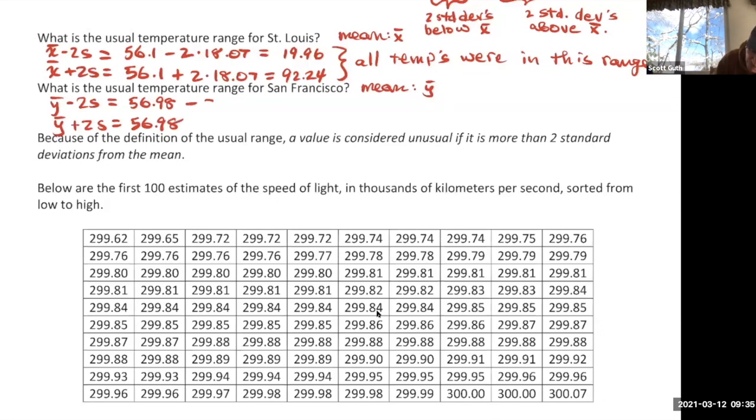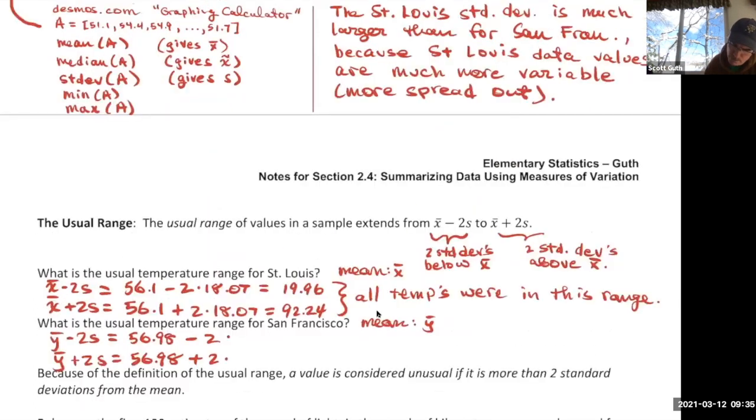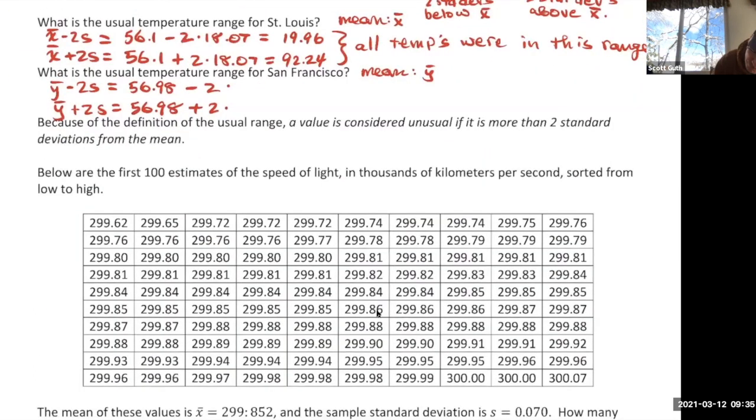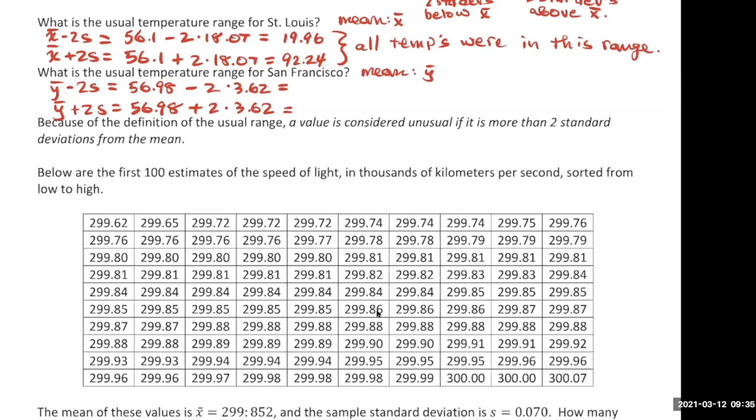And then again, subtracting 2 and adding 2 standard deviations, which are 3.62. So we get the low end: 49.74.